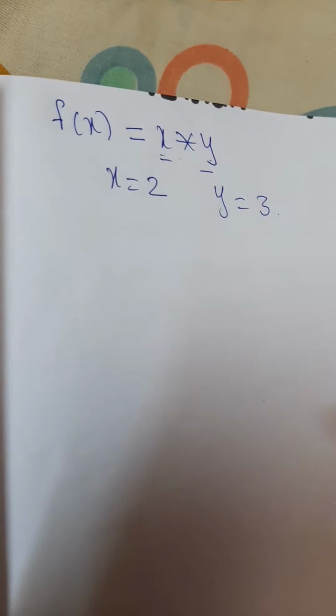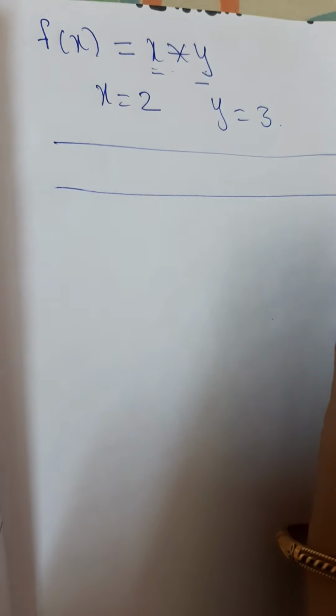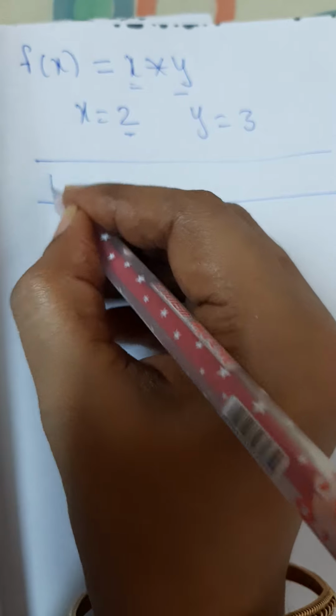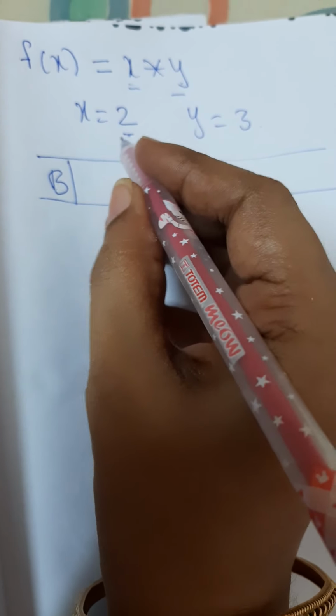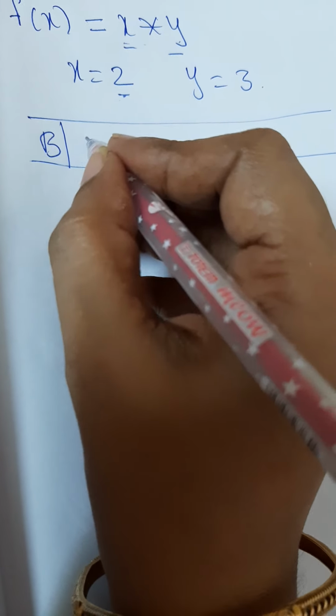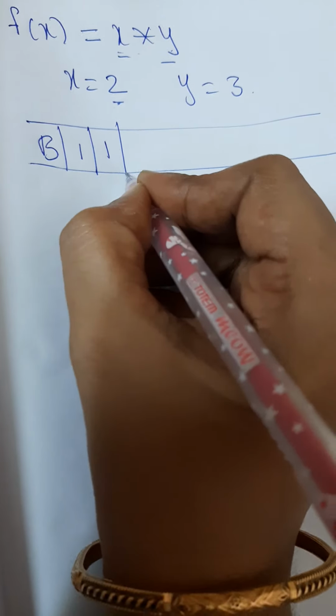So, what we will do is, I'll first explain you the concept. We will take the Turing machine, and x = 2. Initially this is a blank, and for x = 2 I'll take two ones.